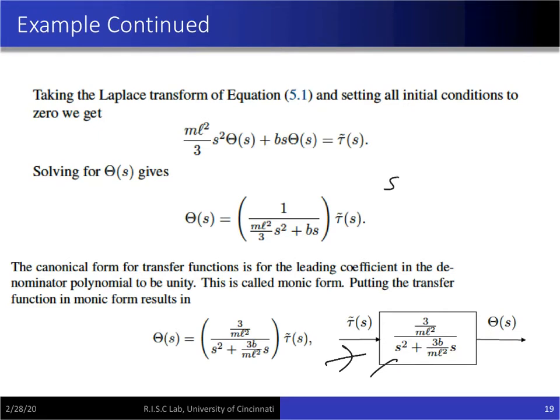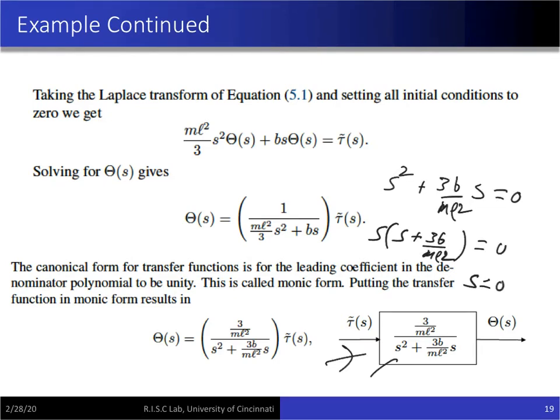Anybody can find: s squared plus 3b over ml squared, right, times s equals 0. You can take s outside. It will be s plus 3b over ml squared equals 0. So one pole is s equals 0, another pole is s equals minus 3b over ml squared, right?